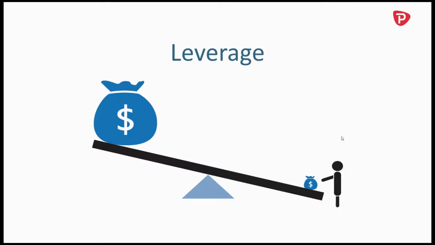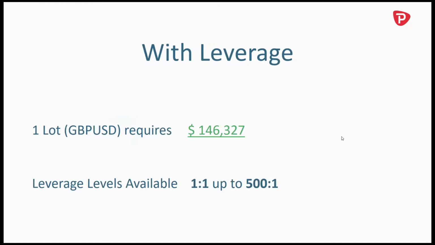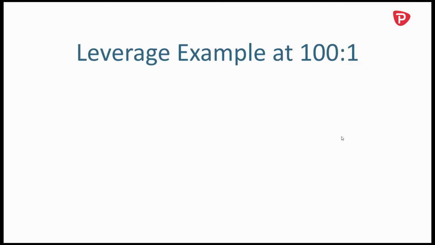So let's see how leverage can help us to gain access to potentially trading those contract sizes within the Forex markets. Pepperstone has leverage levels available from 1-to-1 all the way up to 500-to-1. So let's take a look at a 100-to-1 leverage example and see how that can help us to gain access to being able to trade that one lot of Great British Pound US dollar with potentially less money in our account.